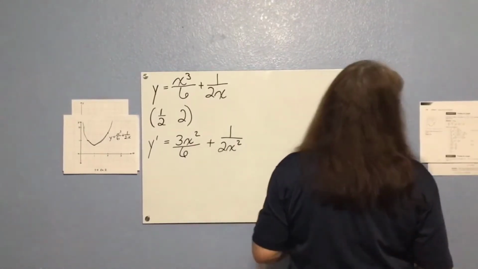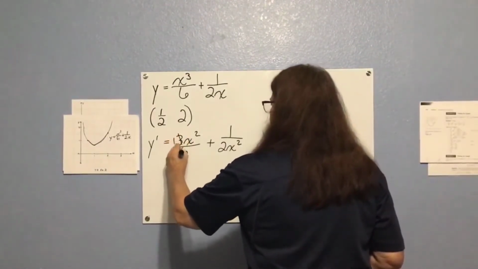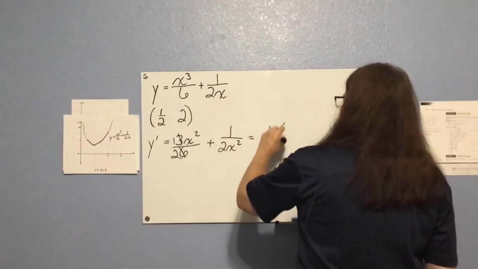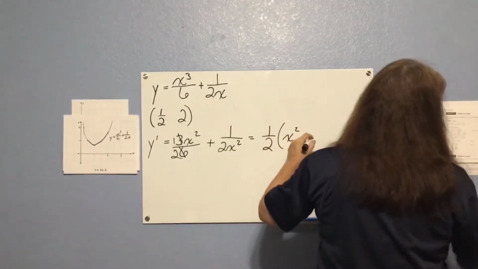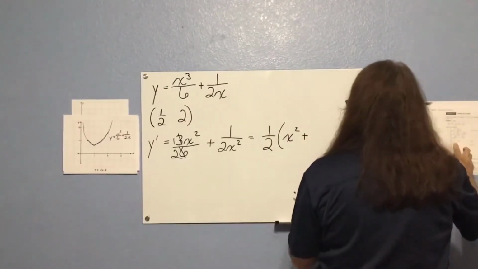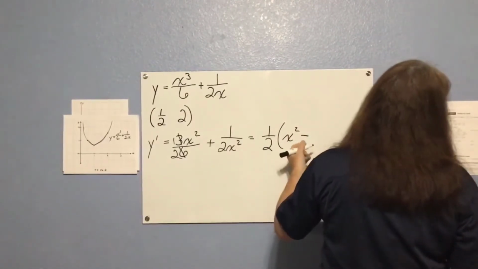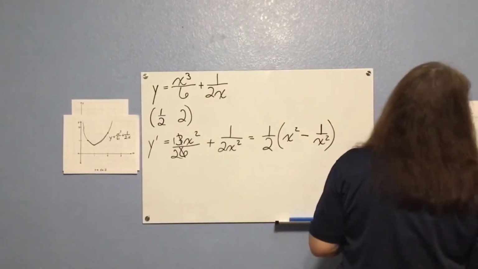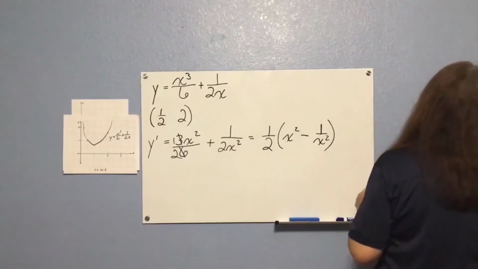Okay, I'm going to factor out. Well, first I'll reduce this to 1/2, and then I'll factor out the 1/2. So I have 1/2 times x squared minus, not plus, one over x squared. So this is the expression that I'll be using in my equation.